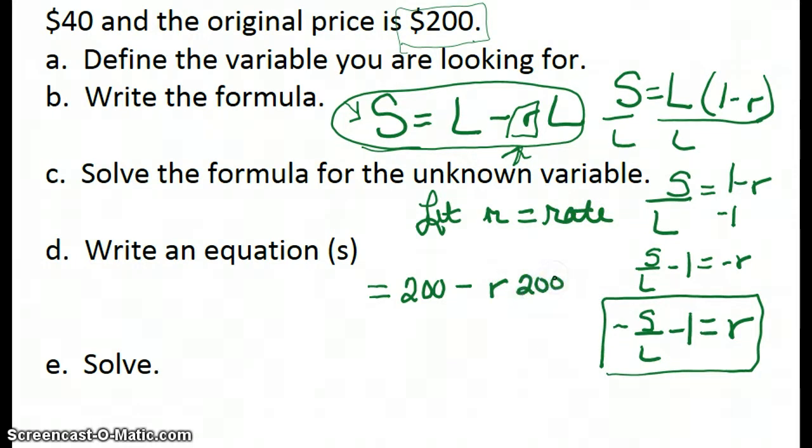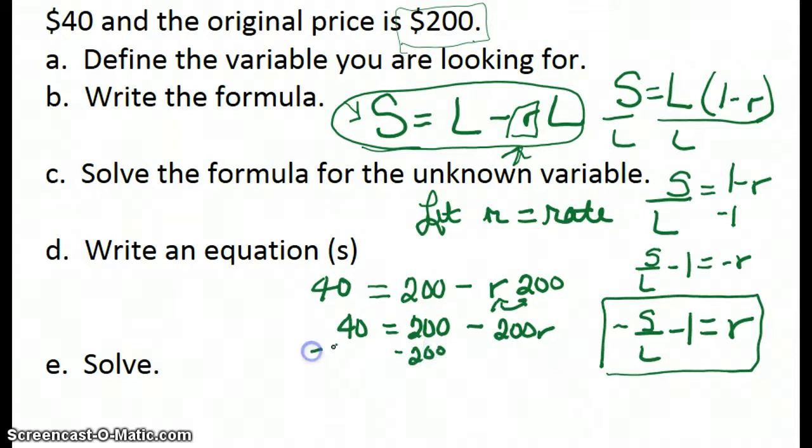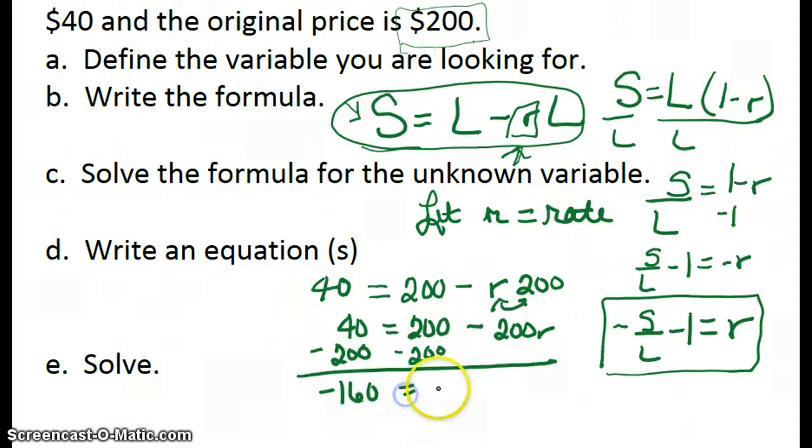And when we're done with all of that, our discounted amount is $40. Okay, so we have 40 equals 200. And I'm going to reverse these because that doesn't look right algebraically. Minus 200R. And so I'm going to subtract 200 from both sides. I get that negative 160 equals negative 200R.